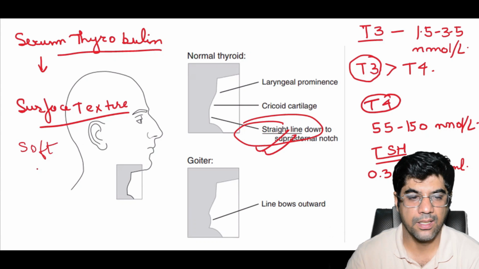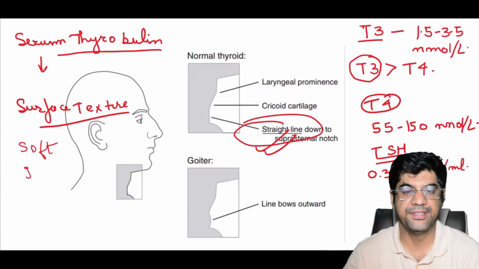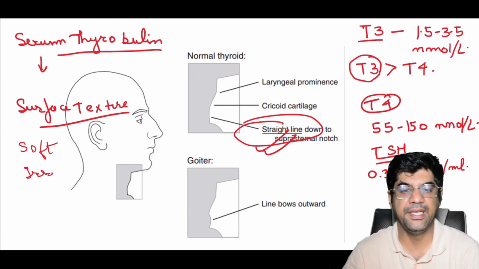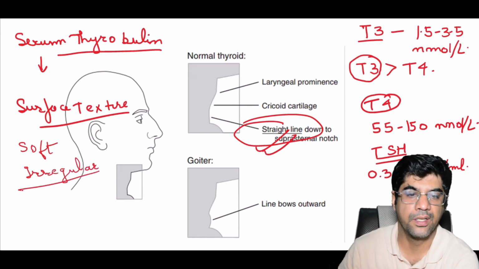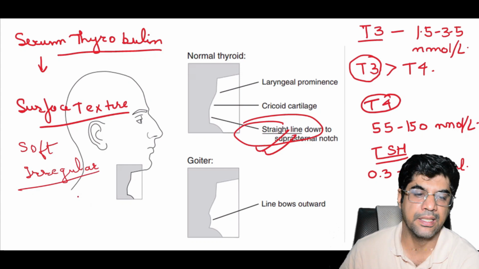They have irregular texture that is seen in carcinoma of thyroid, or they may have nodular texture like seen in multinodular goiter.